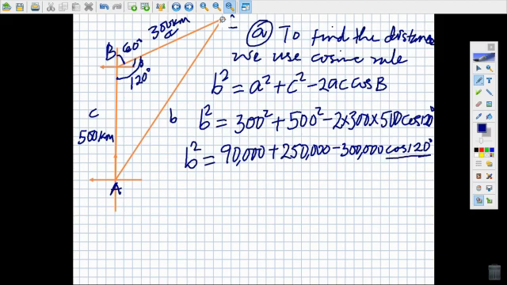Cos 120 degrees is the same as minus cos 60 degrees, so we use it to replace that.